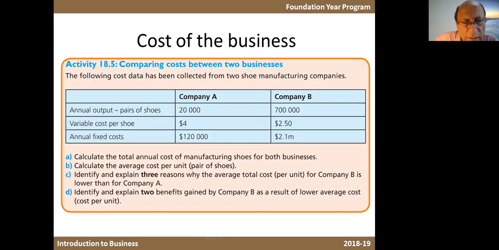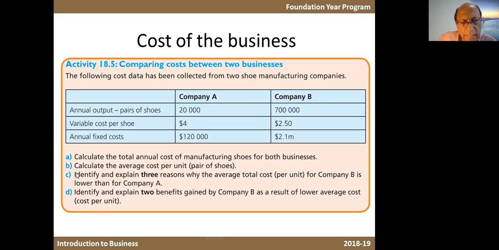So you have to calculate the annual cost of manufacturing shoes of both businesses. For this, you have to find the variable cost and the fixed cost, and you have to draw the break-even chart and calculate the average cost per unit.